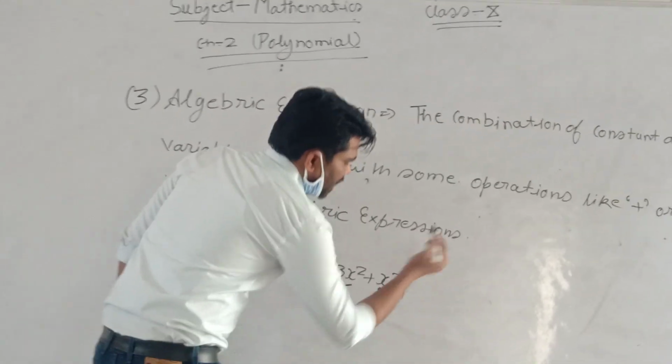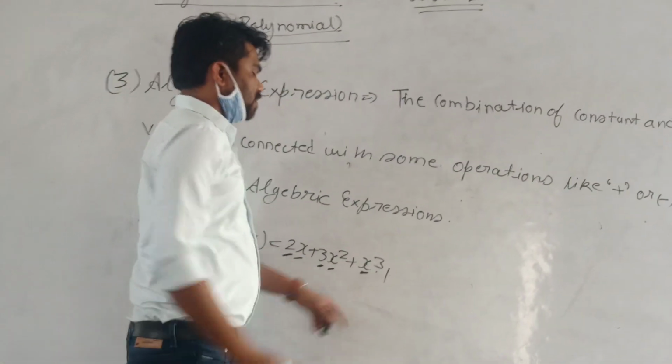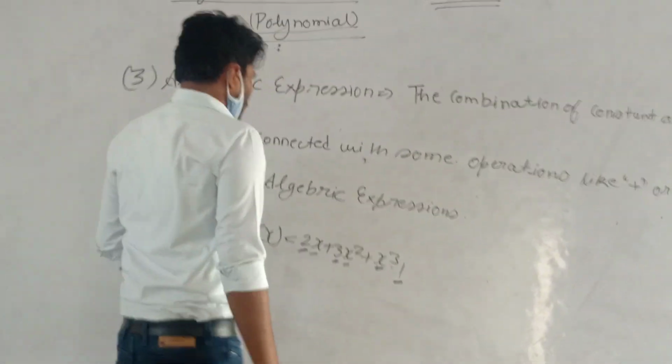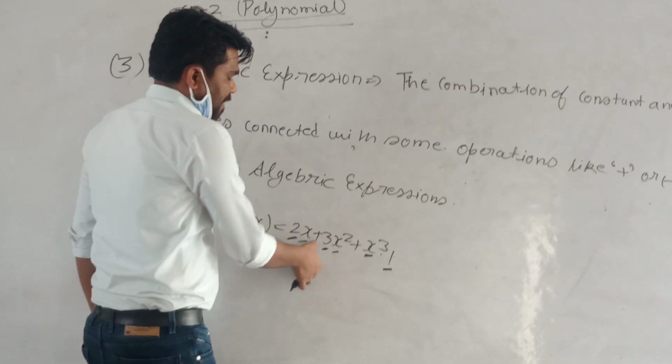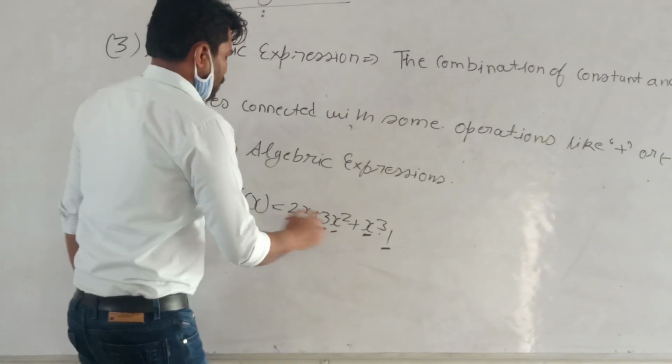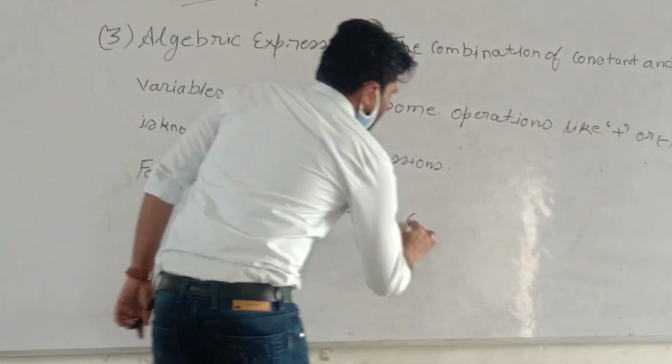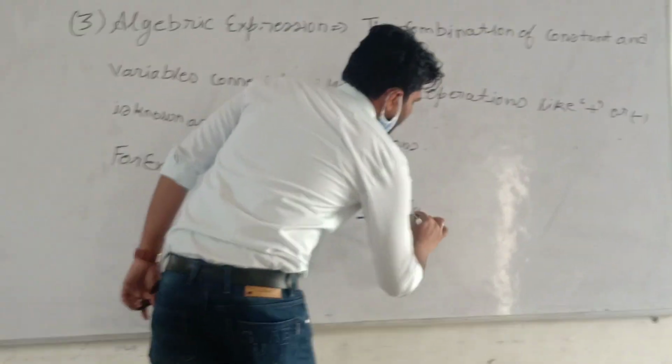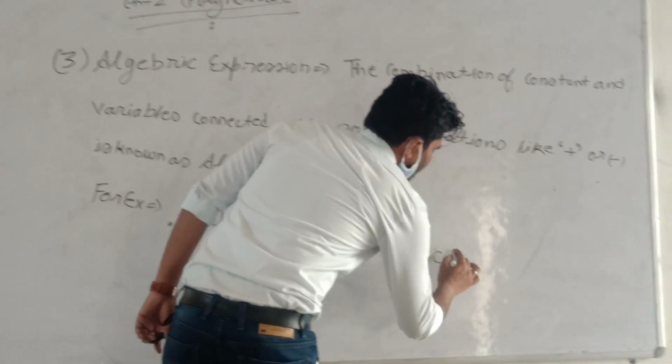Variable x into 1, we can multiply by 1, so this is constant. So the combination of constant and variable separated by some operation like plus is known as algebraic expressions.